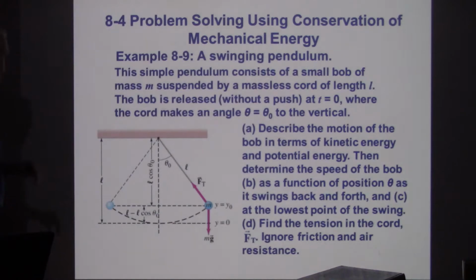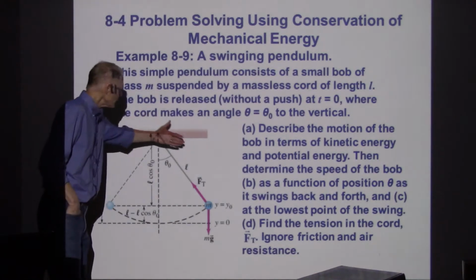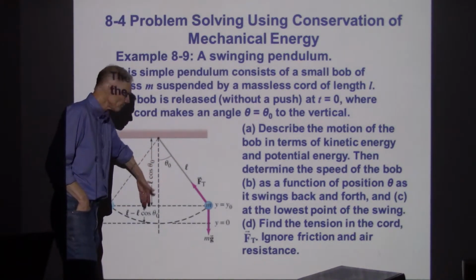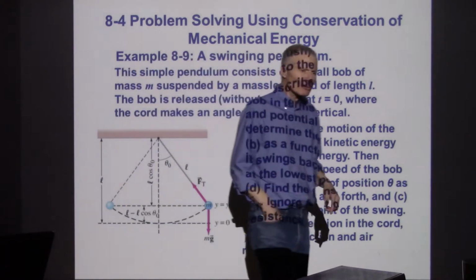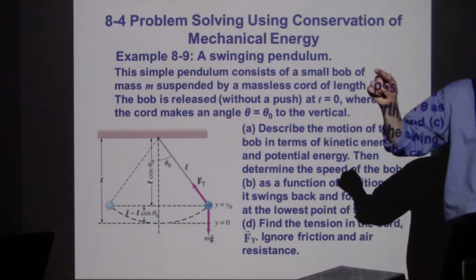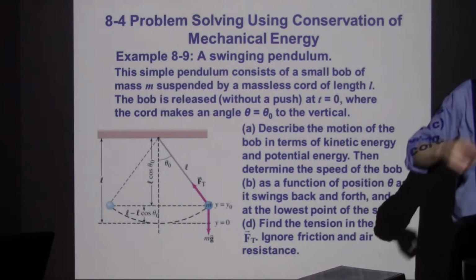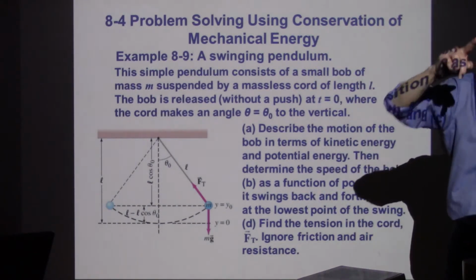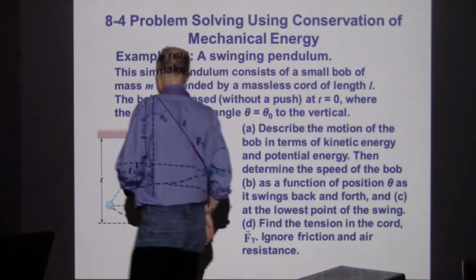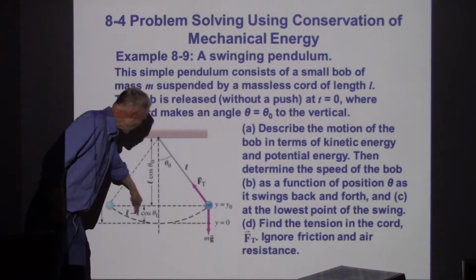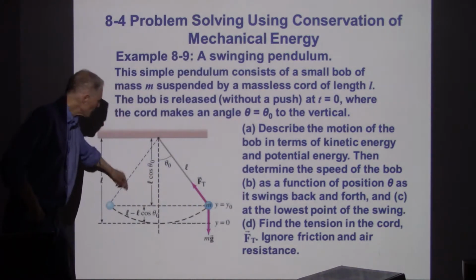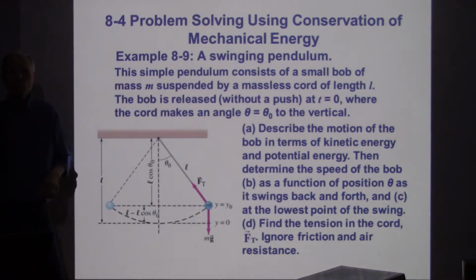Now you can go back and redo the problem, but it turns out that when pendulums are swinging, they're actually going back and forth in circular motion. Now it's not uniform circular motion, and it's not completing a circle, but the pendulum bob itself is moving along the arc of a circle because it has a fixed radius.